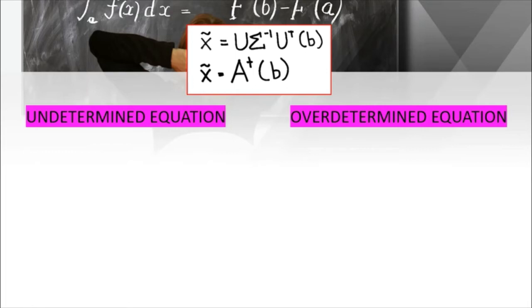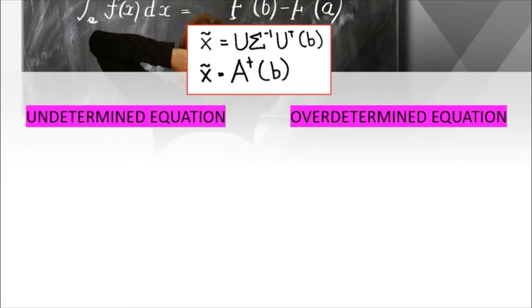Specifically, the approximation equation we get, which we denote as X tilde, is equal to A dagger times B, where the value of A dagger is V sigma inverse U transpose.